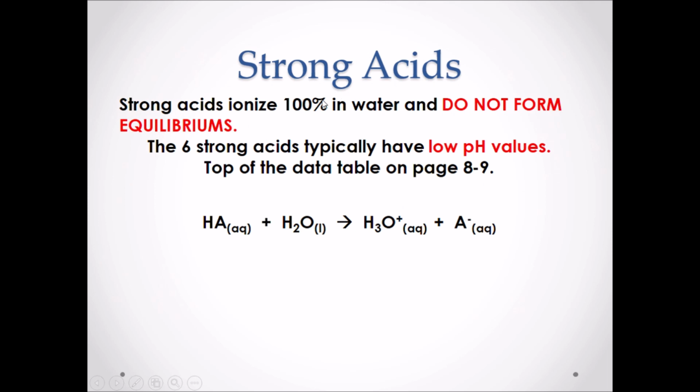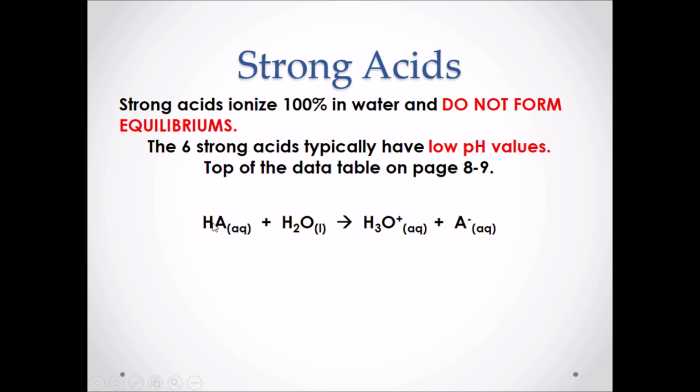Strong acids. Strong acids ionize 100% in water, and they do not form equilibriums. The 6 strong acids typically have low pH values, and they are found at the top of the data table on pages 8 and 9 of the Chemistry 30 data booklet.